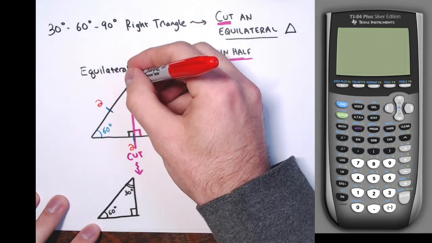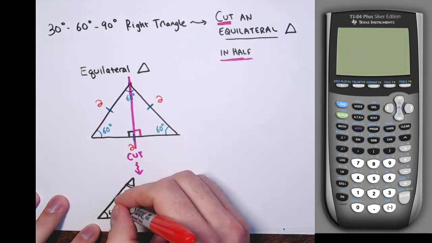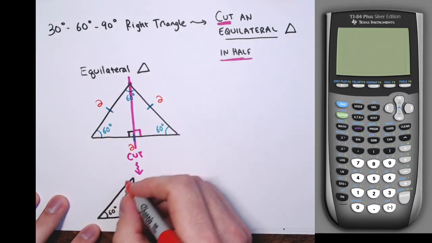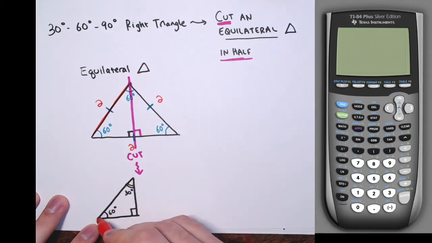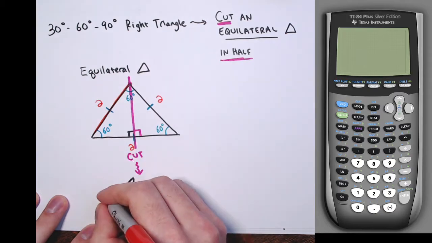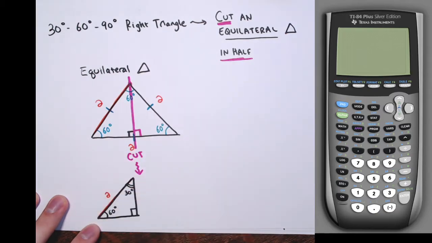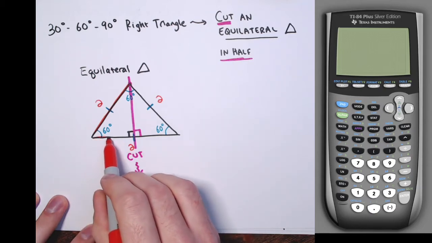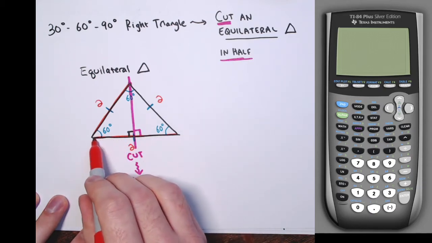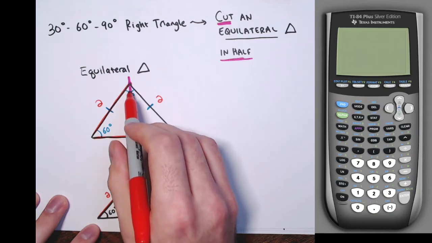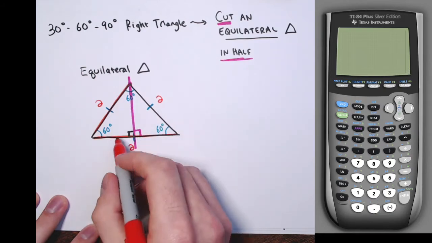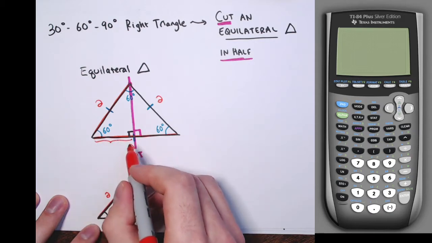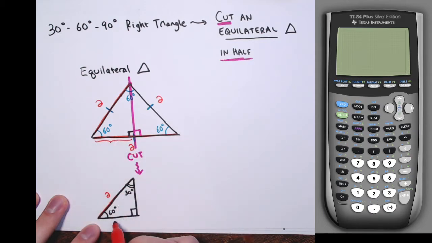Now if I were to cut this in half and then look at the left one, this side is the hypotenuse. That's still 2 units long. This side was 2 units in the equilateral triangle, but I cut it perfectly in half. So that's 1 and 1. So this side here is 1 unit long.